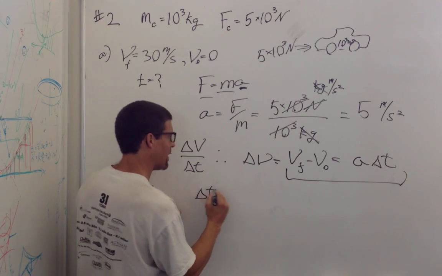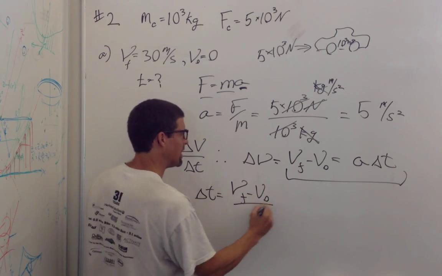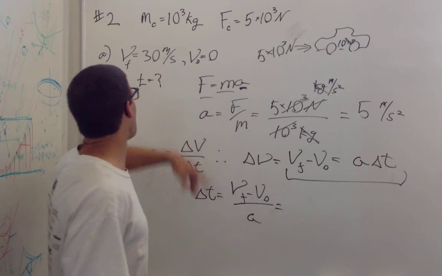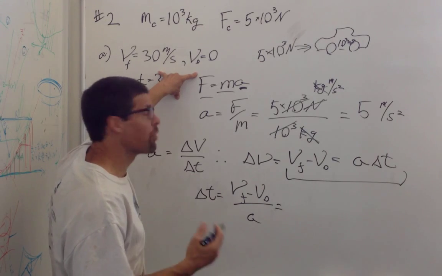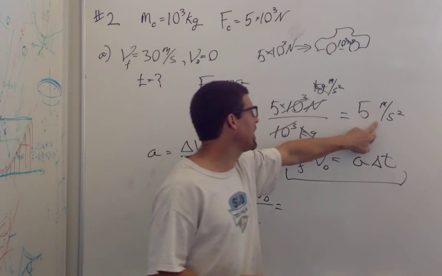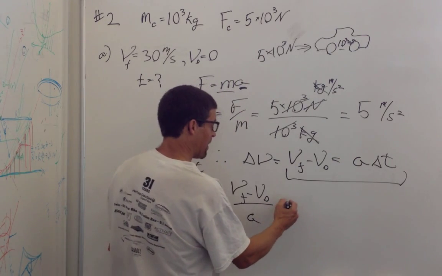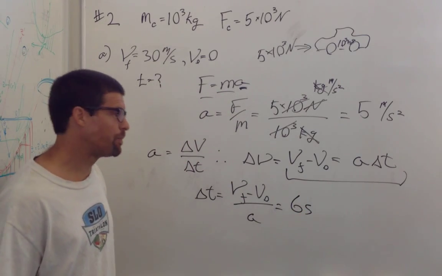Change in time is equal to v final minus v naught divided by acceleration. Right, but maybe I didn't need the formulas. I could have just looked at this and said, look, I'm changing my velocity 30 meters per second, and it changes 5 meters per second every second. And so you can see it's going to be 6 seconds when you carry that out.